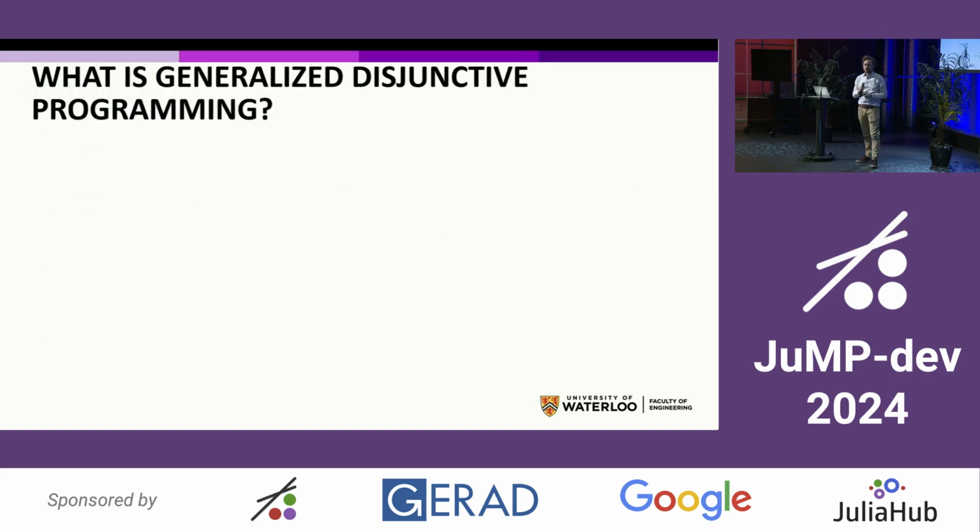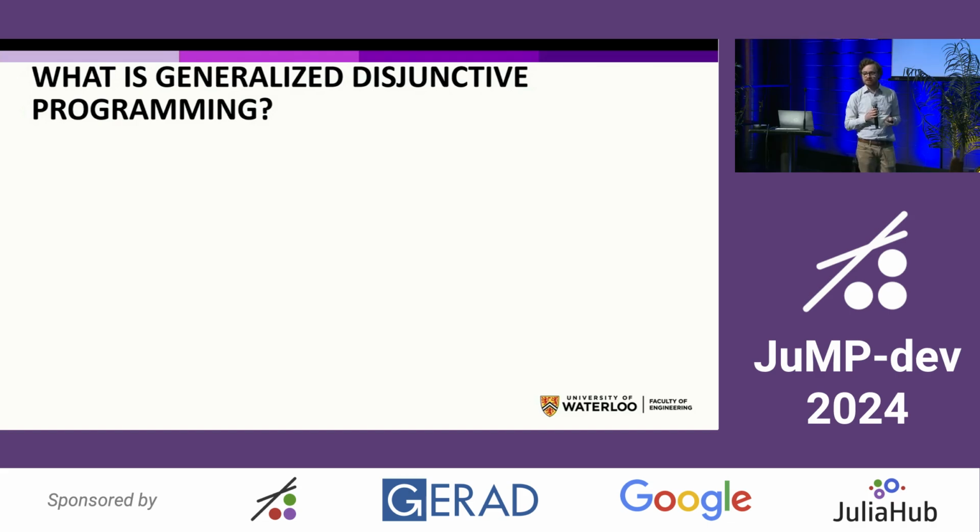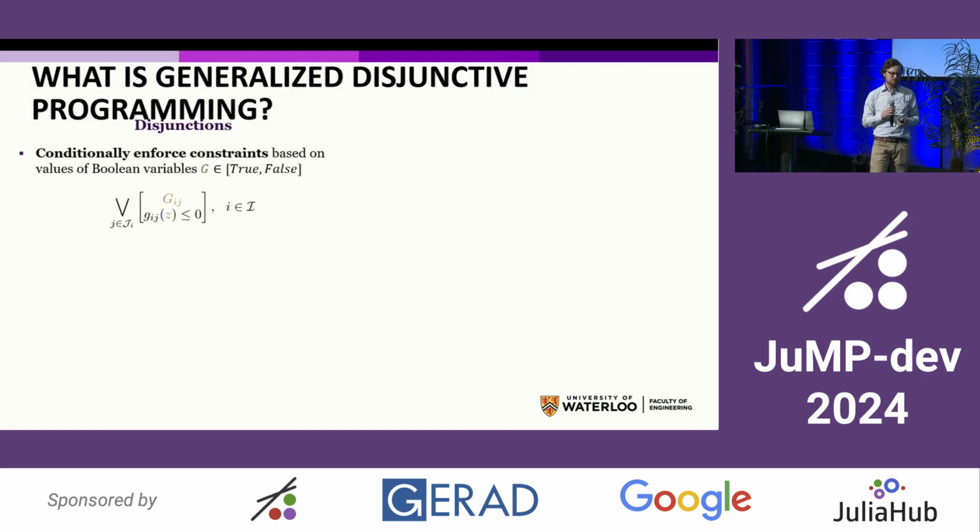First off, what is generalized disjunctive programming? This is perhaps better known in the chemical engineering community. There's disjunctive programming, but the generalized part seeks to generalize it a little beyond the typical context it's used in, primarily with the use of nonlinear constraints, because in chemical engineering, nonlinearity is not something we can do away with.